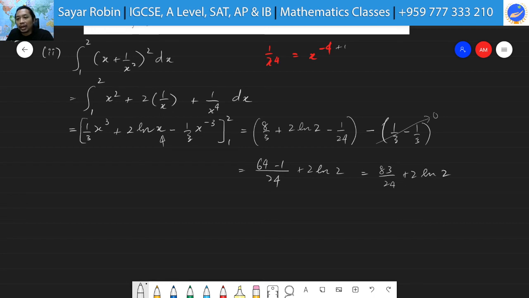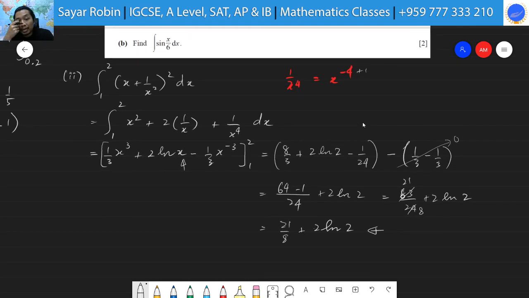And then we can strike out these two things, right? So 3 two times, 3 one time, 3 eight times. So 21 over 8. Therefore, it's going to be 21 over 8 plus 2 ln 2. This is the final answer for problem number 8A, number 2.